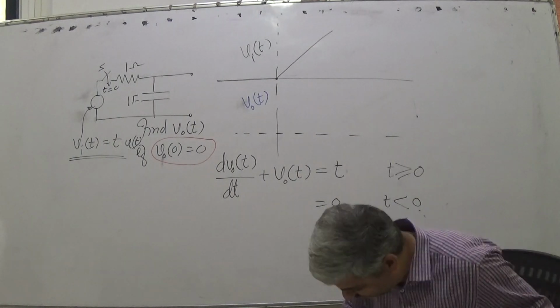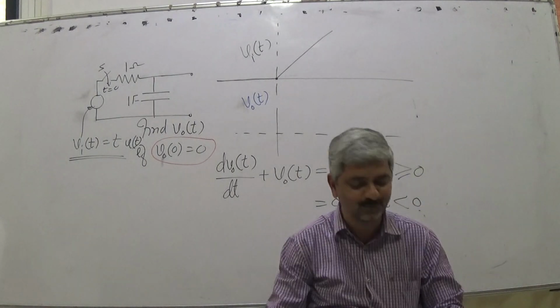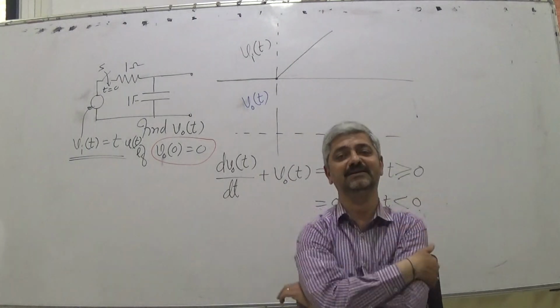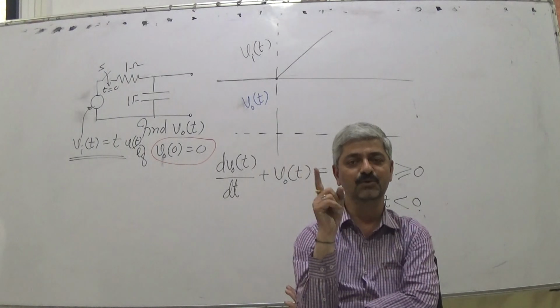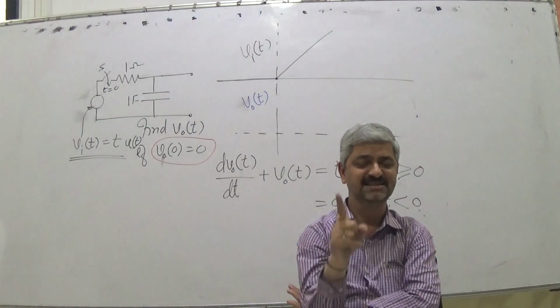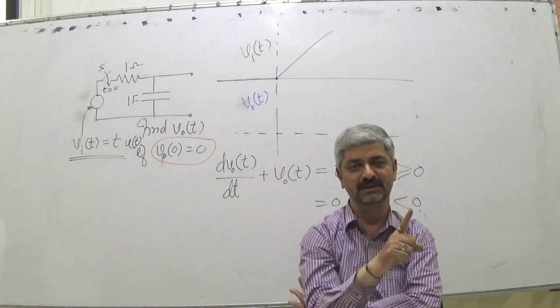Listen very carefully now. I am giving a challenge to you. How will you tackle this problem? Is it clear? dVOT by dt plus VOT is equal to t.